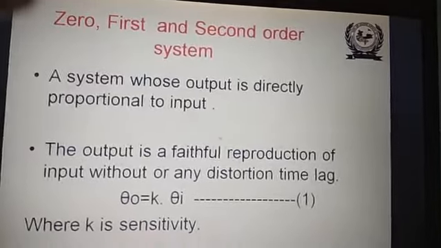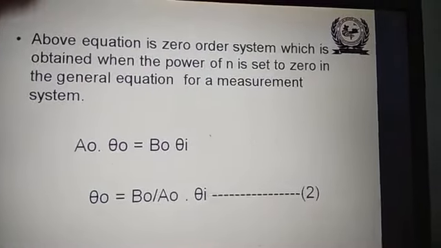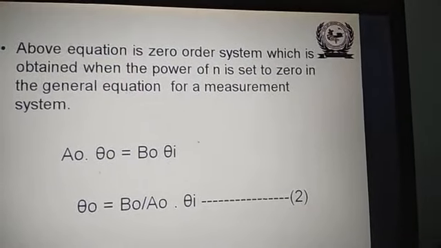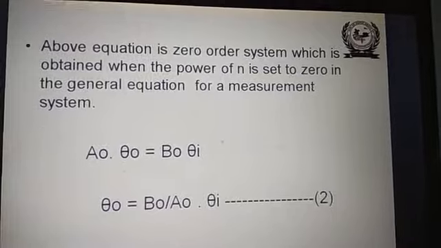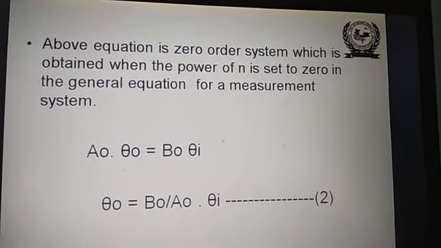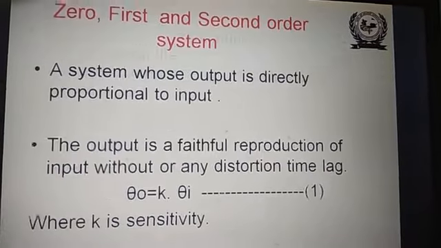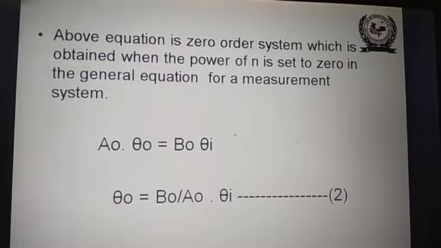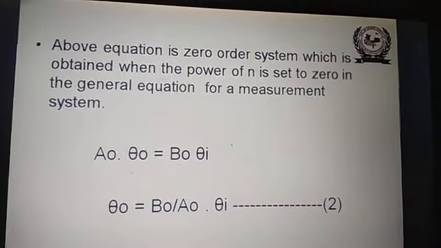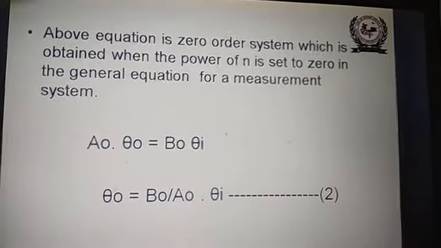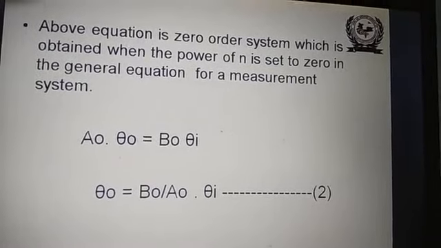This equation is called the zeroth order equation. The above equation is a zeroth order system, which is obtained when the power of n is set to 0 in the general equation for a measurement system. So a naught into theta naught is equal to b naught into theta I, so theta naught is equal to b naught upon a naught into theta I.